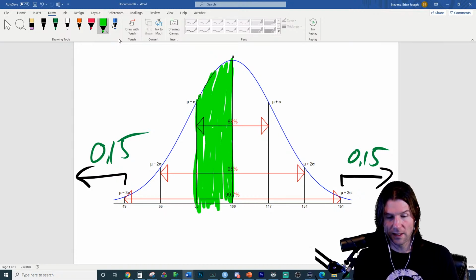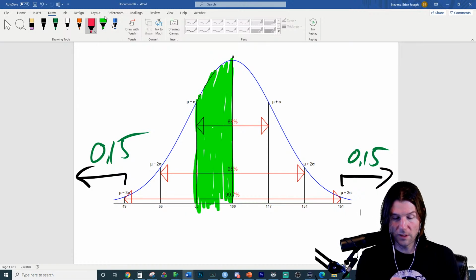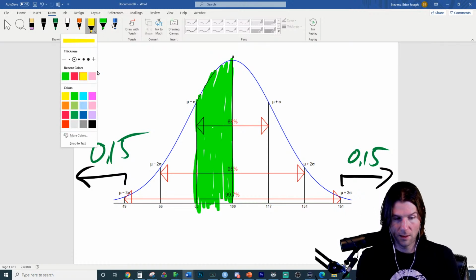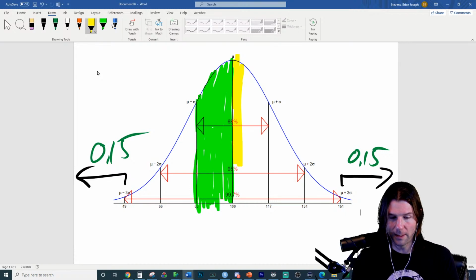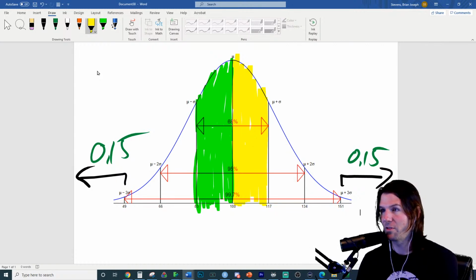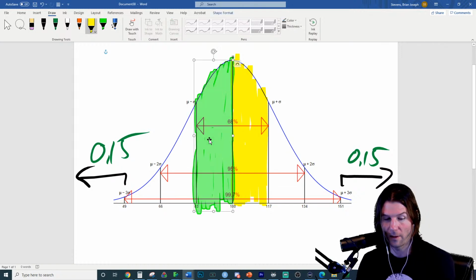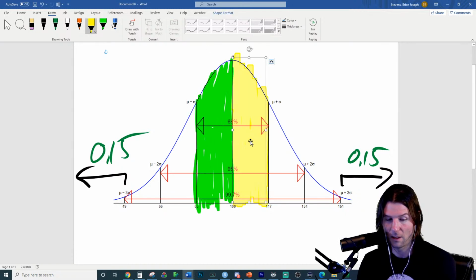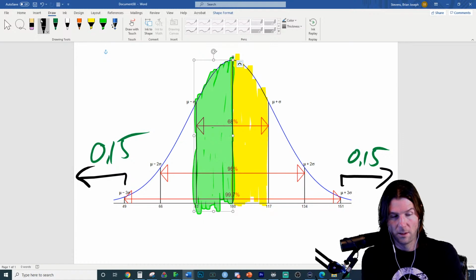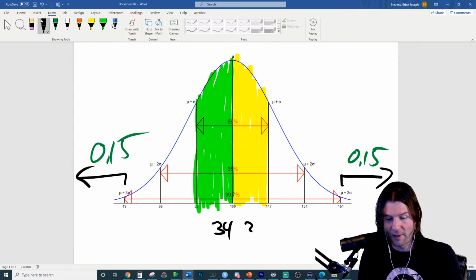I want you to focus in on that 68 and see if you can figure out that yellow area. Since we know 68, I've shaded all of the 68. And what do you notice about this and this? They're symmetric. So we just cut the 68 in half, and that makes each of these 34.